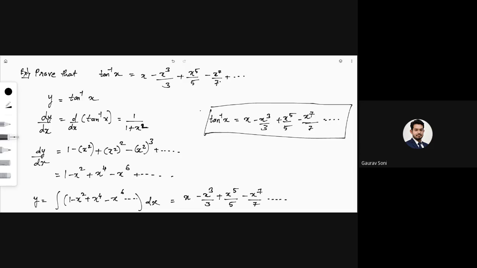So we can see that if you relate the sin x series, sin x and this are both almost similar. Just one change is there: in sin x there is a factorial, I mean 3 factorial, 5 factorial, 7 factorial, whereas in tan inverse x, factorials are not there. There's simply 3, 5 and 7. Okay.